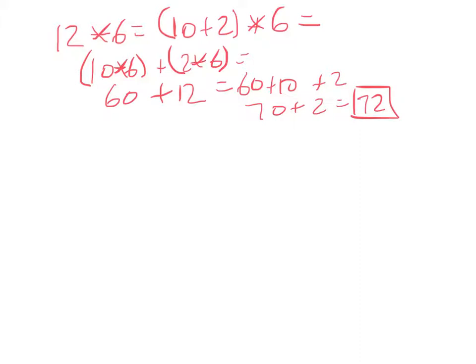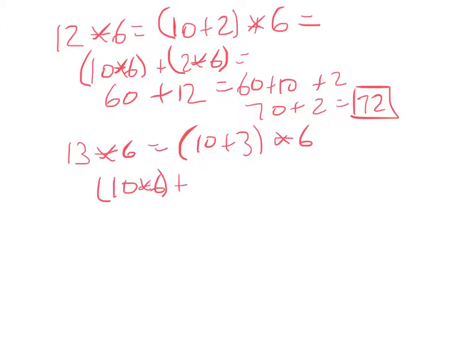Let's try another one related to that, 13 times 6. So do the same thing. We'll break it up into 10 plus 3 times 6, 10 times 6 plus 3 times 6 equals 60, plus, if you want to split up, plus 10, 70 plus 8 equals 78.